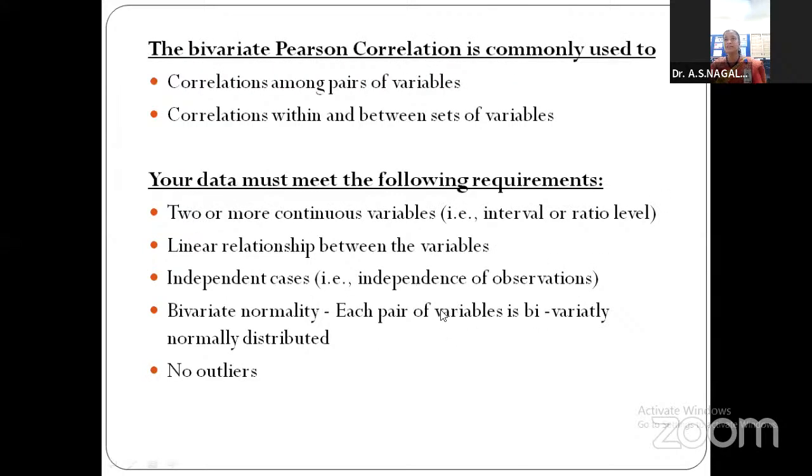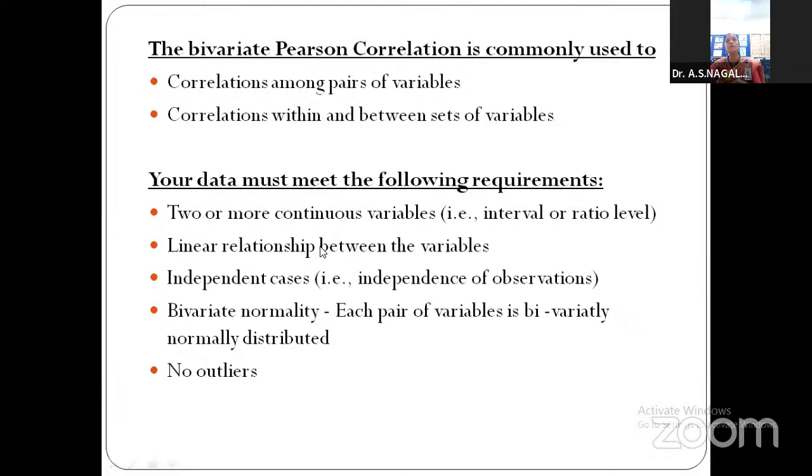So here we have certain conditions. For the bivariate, when you do the Pearson correlation, which is commonly used, it gives the correlation among a pair of variables. You take two variables, and you can identify the correlation within and between sets of variables. And here your data should meet certain requirements.